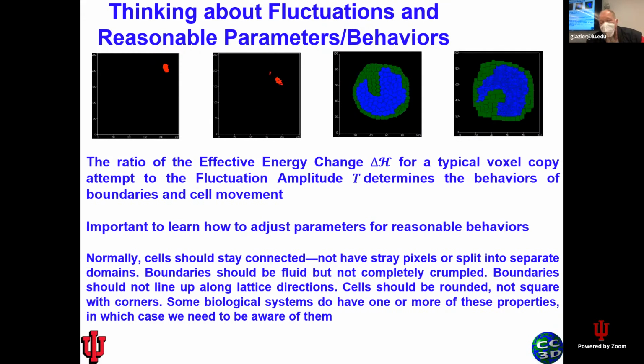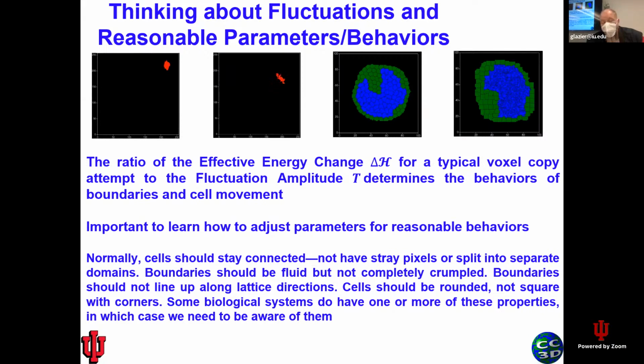And so generally we want cells to stay relatively connected. It's not terrible if they have an occasional stray pixel, but they shouldn't fall apart into two completely different domains. And boundaries should be fluid. Cells should move freely, but they shouldn't crumple up into that sort of disordered pattern we see in the top right.